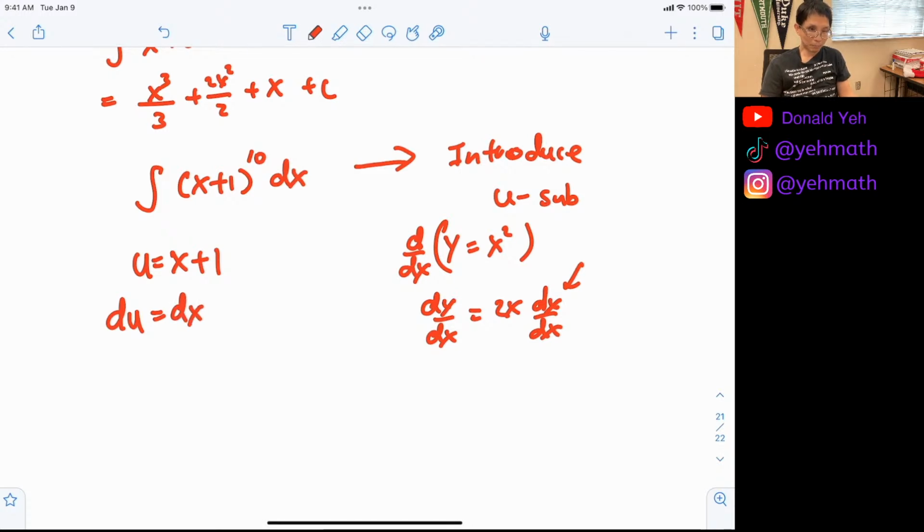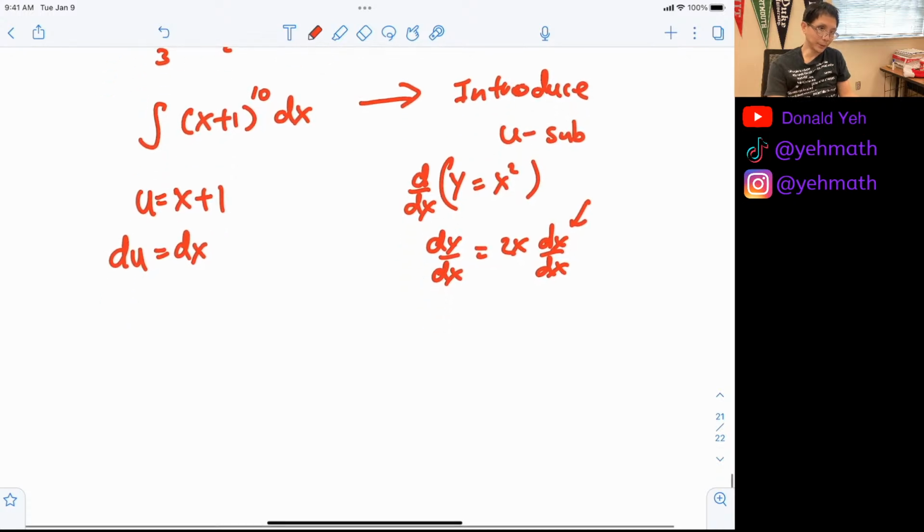So with that, you can convert everything in terms of u. So (x plus 1) to the 10th is u to the 10th power, and dx equals du. Now you have to make sure they are the same variable. If they are different variables, you cannot integrate.